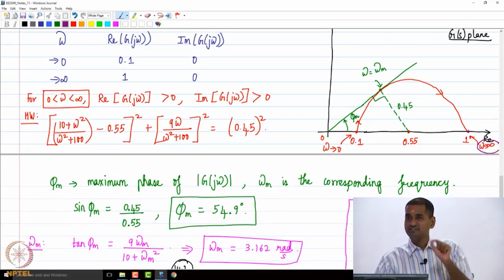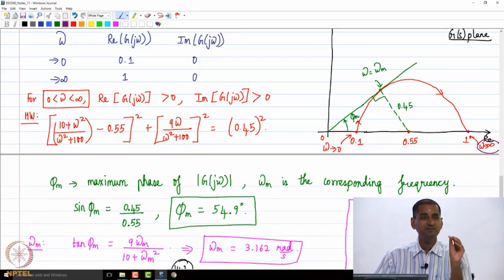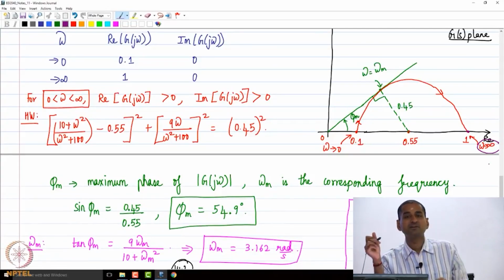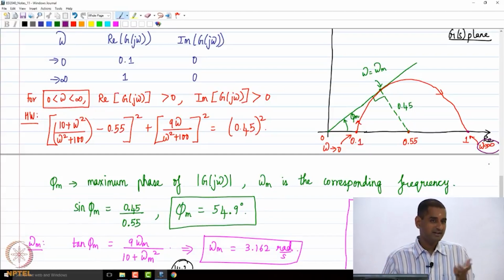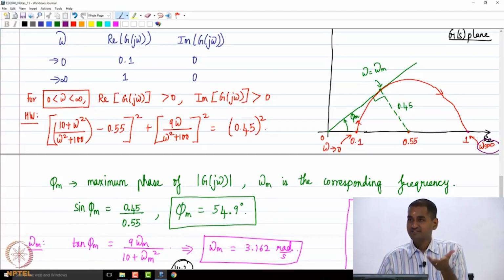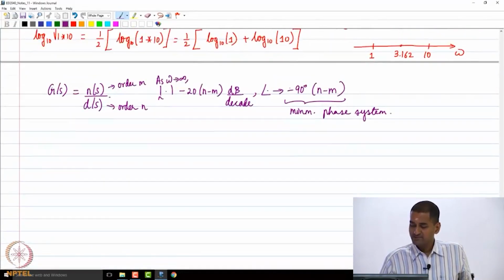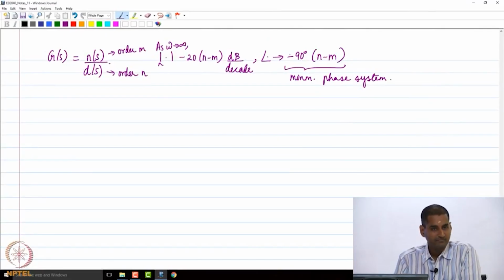If the transfer function is at 1, what is the angle made by that? How do you get the angle? You draw the vector from the origin to that point. So, you are going to have a vector aligned along the positive real axis. So, what is the angle? 0 degrees, right. We are just double checking the results. Is it clear? Okay. So, you can see that the results that we discussed hold true.